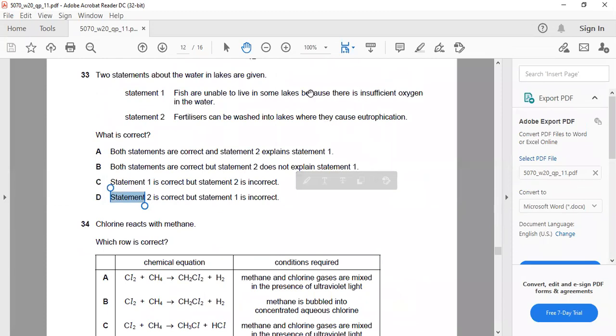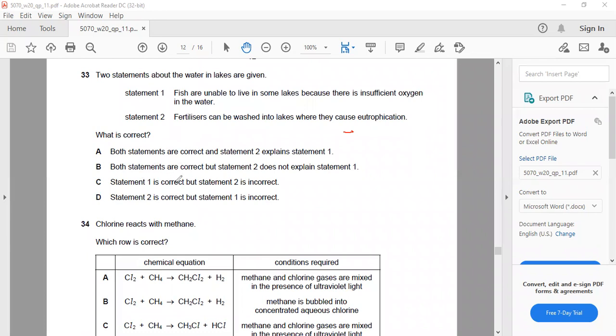33 is also about pollution. Statement one: fish are unable to live in some lakes because there is insufficient oxygen. Yes, eutrophication. Fertilizers can be washed into lakes where they cause eutrophication. Which one is not possible at all?